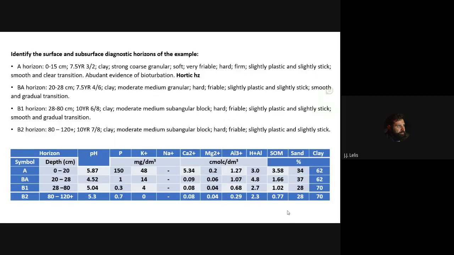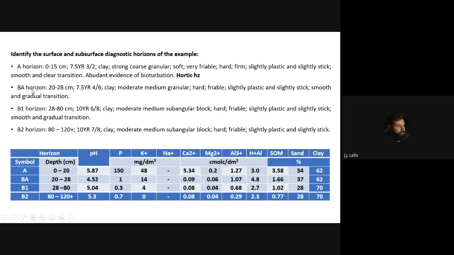And now we should classify the subsurface horizon. That's B2, B1, and this transitional horizon, okay? They are the master horizons, in this case B2 and B1, and here we have the transitional horizon.